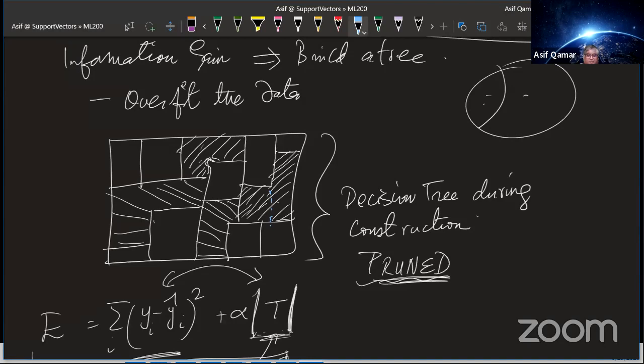You won't get better performance on your training data. Training data would prefer an unpruned tree and give better results. Where will a pruned tree give you better results? Can you guess, guys? On the inference, or validation data.